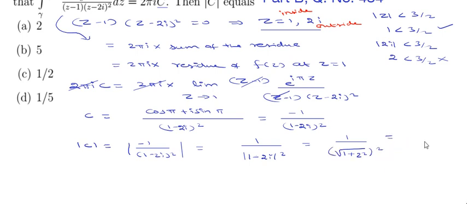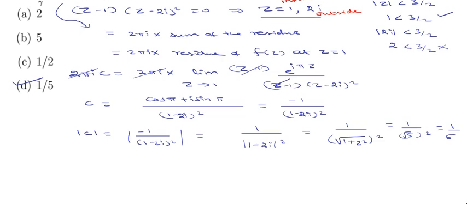So this equals 1 by (root 5) square, which equals 1 by 5. So the answer is 1 by 5. Or we can expand (1 minus 2i) square, and you will get the same answer, 1 by 5.